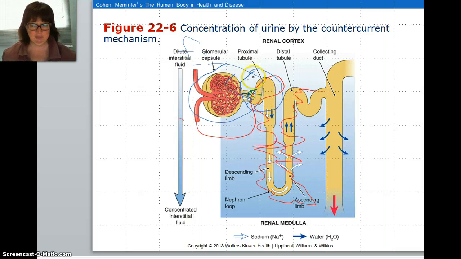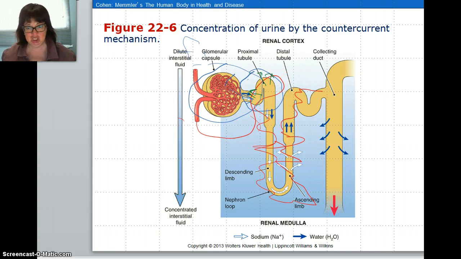When sodium is pumped, chloride, which is negative, will follow. Water will now follow because you've moved the sodium, so you will reabsorb water from the tubule back into the blood. So all sorts of things go back in here. Proteins go, amino acids go back, glucose goes back, all the good stuff. 99% of the stuff is reabsorbed.